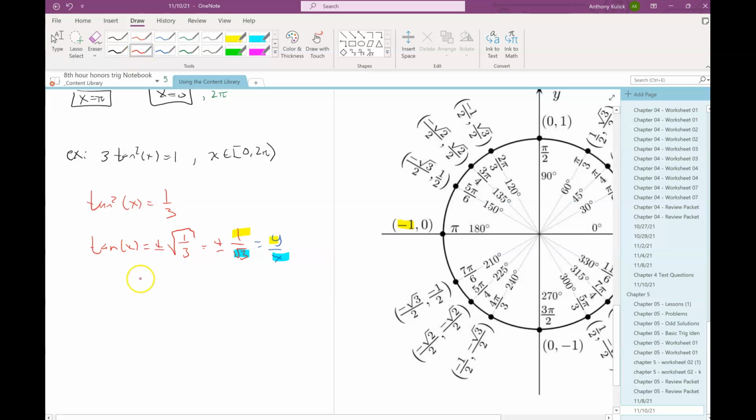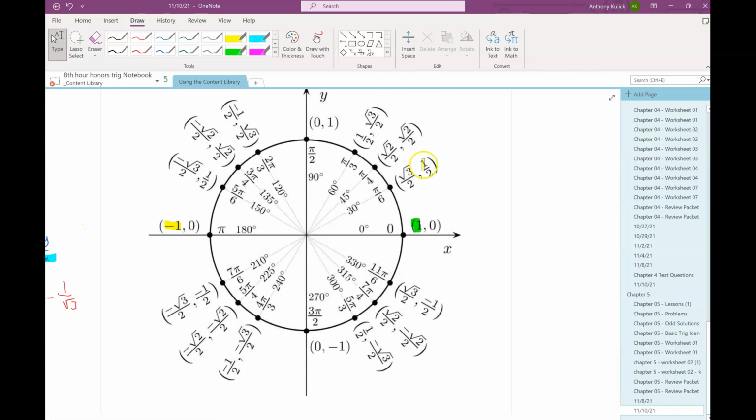So let's break this off into 2 pieces. So I have where tangent x is +1 over root 3, and where it's -1 over root 3. So I'm going to go through here and look for all the places where the y-coordinate has a 1 in it, and the x-coordinate has a root 3 in it. So there's one spot.